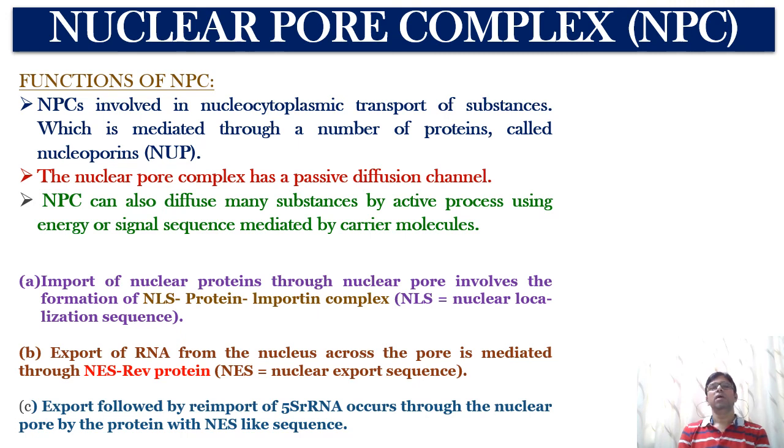So in this way, nuclear pore complexes are involved in the transportation of materials from the nucleoplasm to the cytoplasm or vice versa. With this I conclude my presentation here.